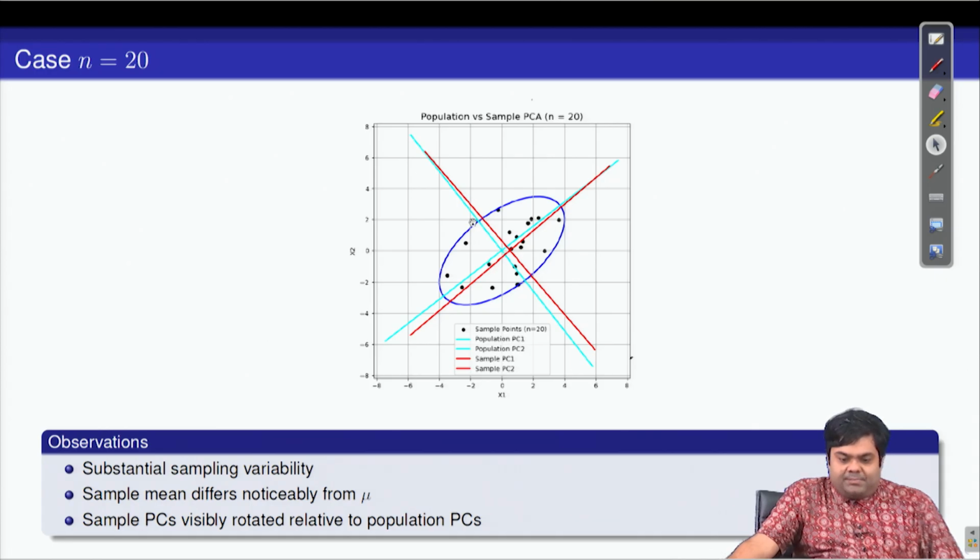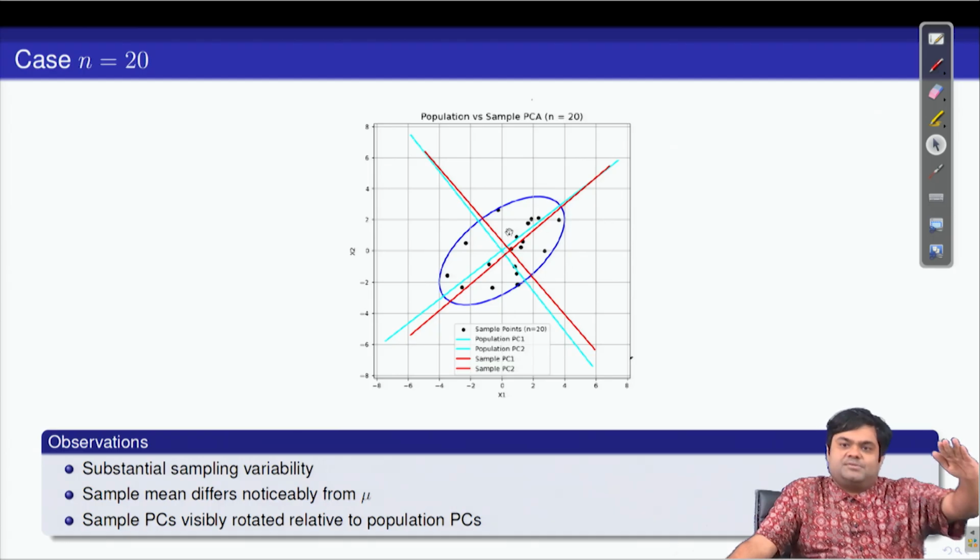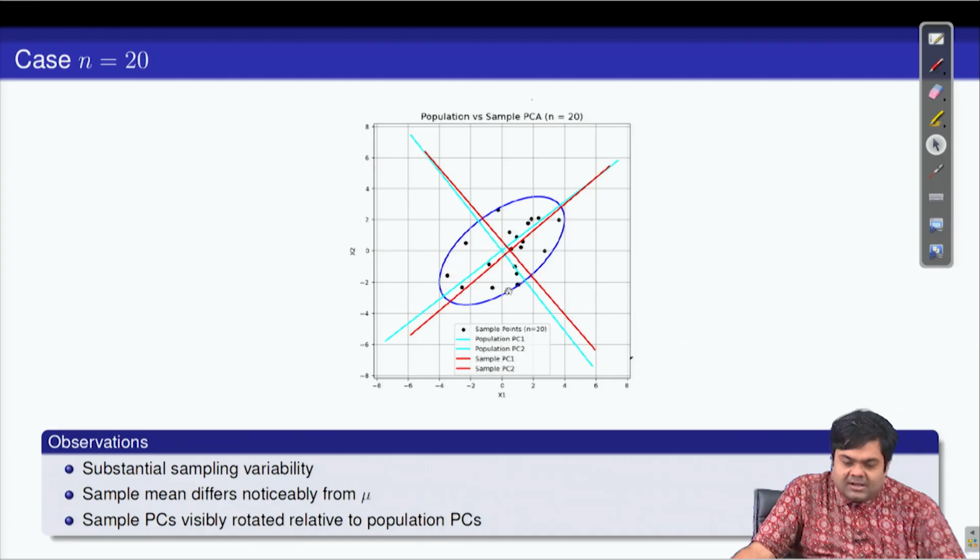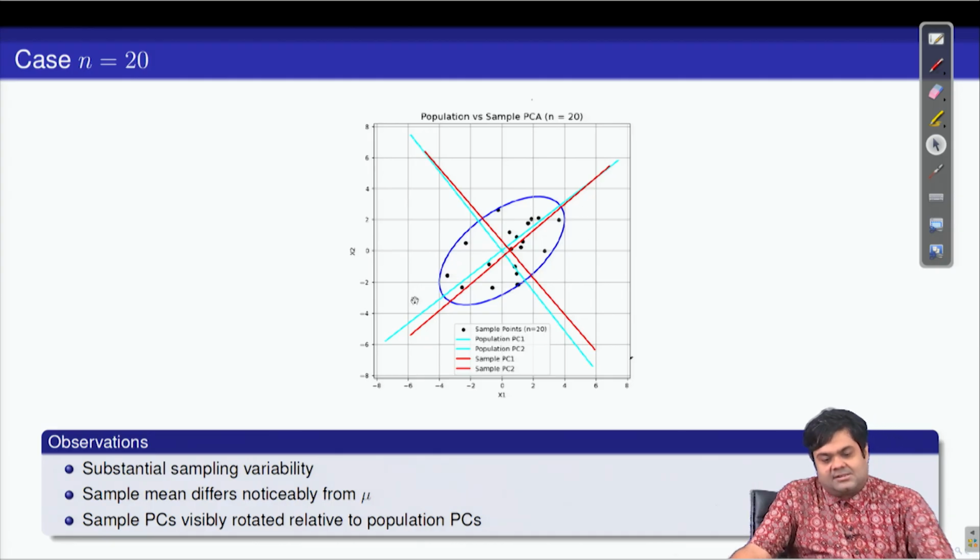Your population PCAs are blue lines, this is your distribution, this is the density ellipsoid of this bivariate normal. You have chosen 20 sample points from this population. The sample PCAs are these red lines. In case of population PCA, the major axis of the ellipse gives you the direction of the first population PCA and the minor axis of the ellipse gives you the second population PCA.